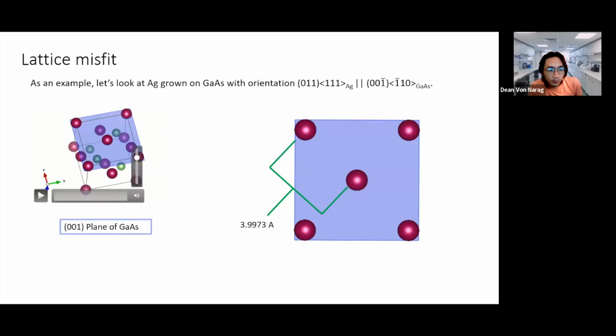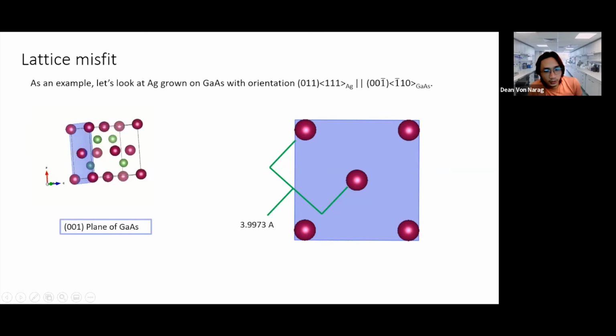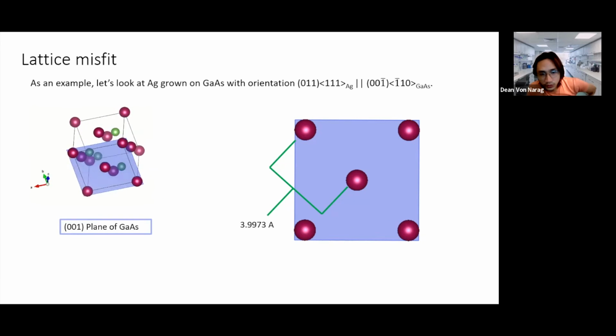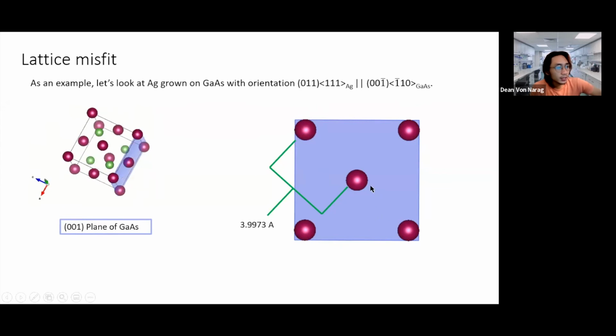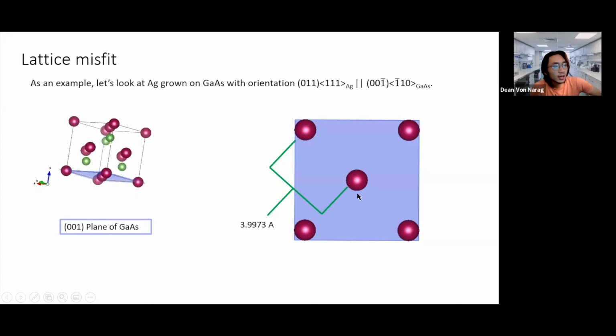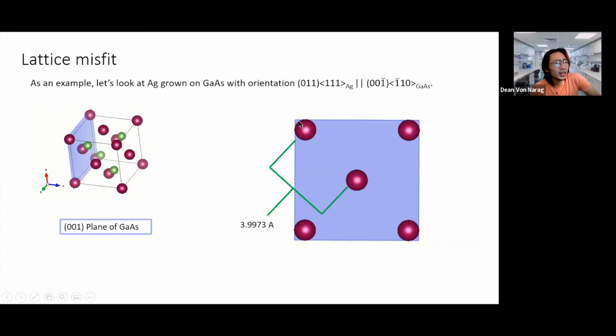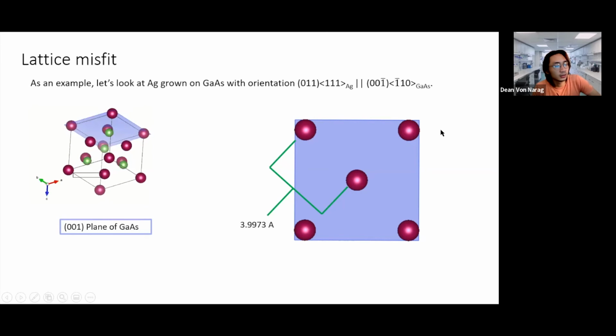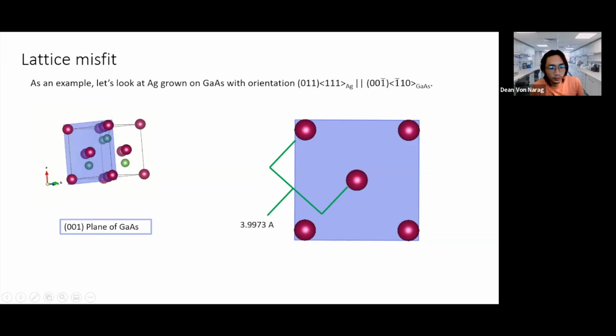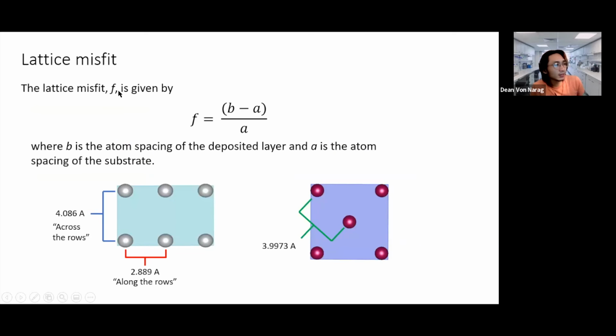Next, we have the 001 plane of GaAs, gallium arsenide. Okay, so for this case, we have this atomic spacing, 3.9973 angstroms. Now we will see later why we chose this atomic spacing and not the other atomic spacings aside. So the lattice misfit is given by this equation times 100.